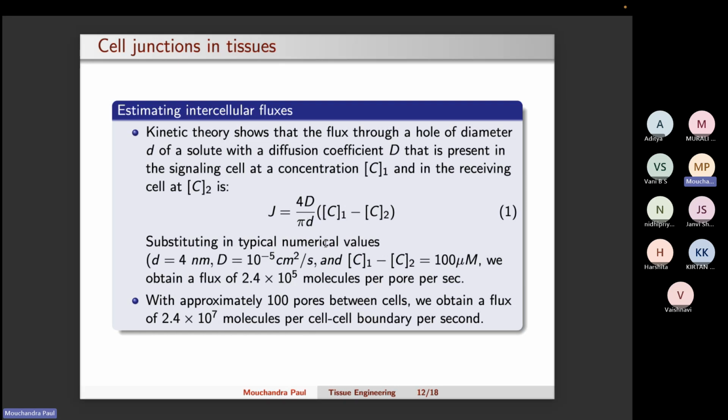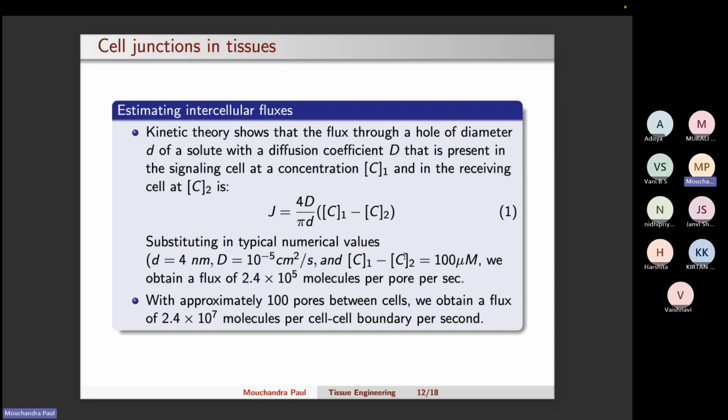Small d is the diameter of the molecule. Capital D is the diffusivity or diffusion coefficient, which is on the order of 10 to the minus 5. If you recall, in one of the classes we saw that very small molecules diffuse at this kind of value. So for small molecules, the diffusivity is taken as this.